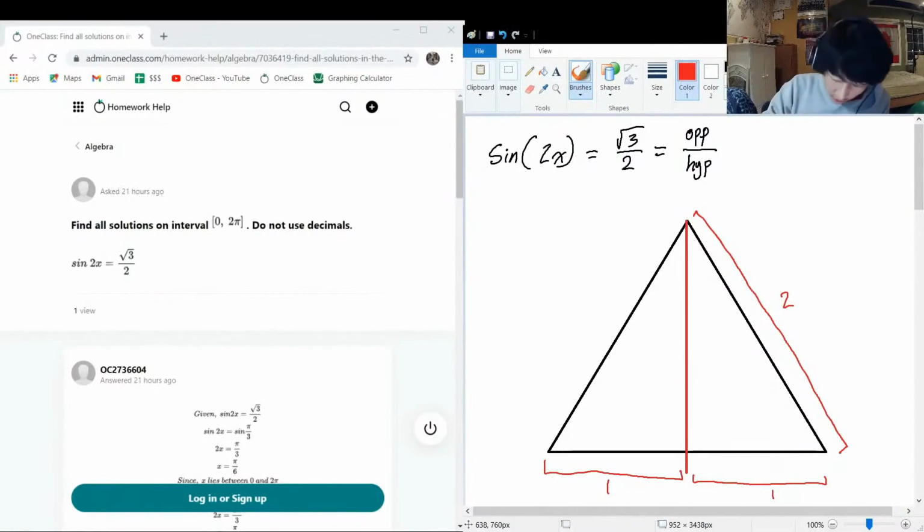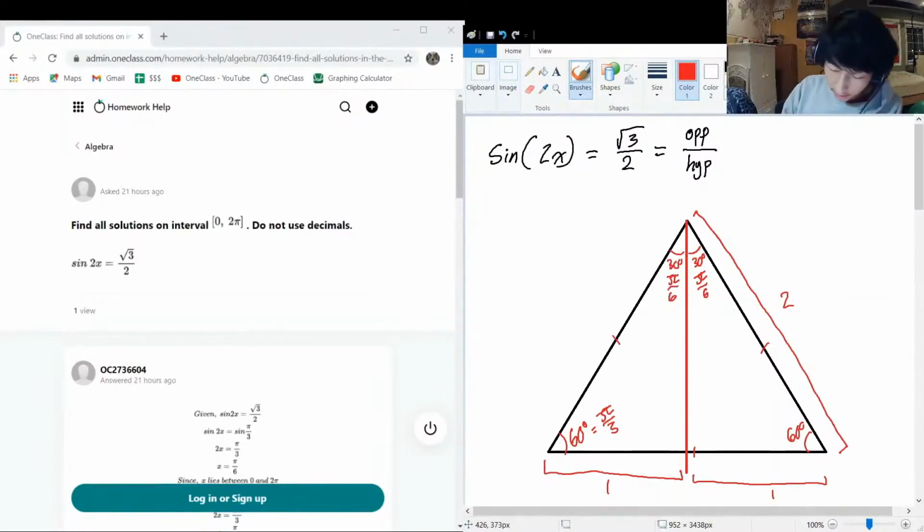This is an equilateral triangle. So this has got to be 60 degrees, which is pi over 3. This is the same deal, 60 degrees. And over here it's going to be 30 degrees, which is pi over 6. And over here also 30 degrees, also pi over 6.